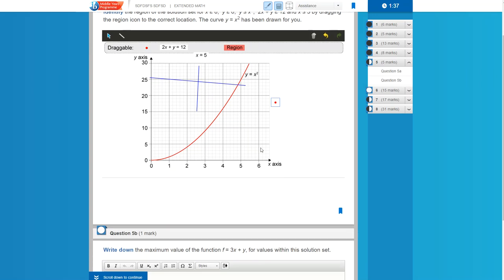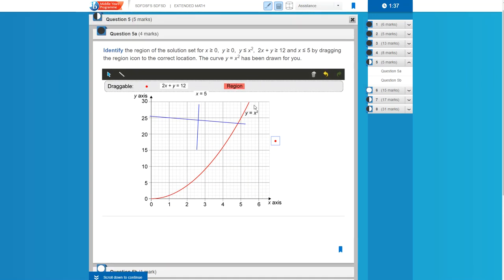So first off, we've already got y is equal to x squared that has been drawn.